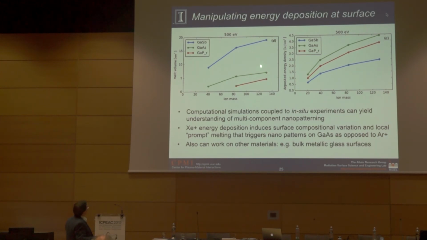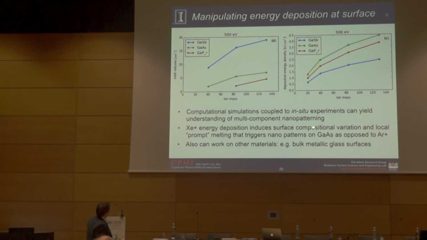We do question whether there's also an ion-enhanced diffusivity, which we cannot measure directly, as that is a prompt effect of the order of picoseconds to nanoseconds. So we're also conjecturing how the ion-enhanced diffusion can be contributing to the lateral patterning that occurs in these surfaces and helping to explain why, in gallium antimonide, you can pattern with argon while in gallium arsenide you cannot.